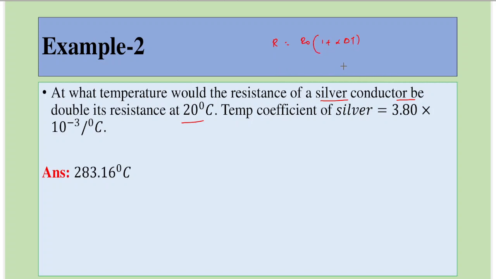Here R, which is the resistance at a higher temperature, is equal to 2 times R naught.